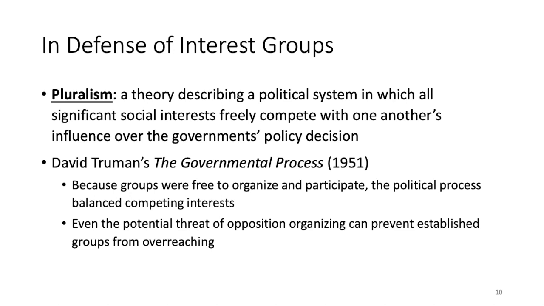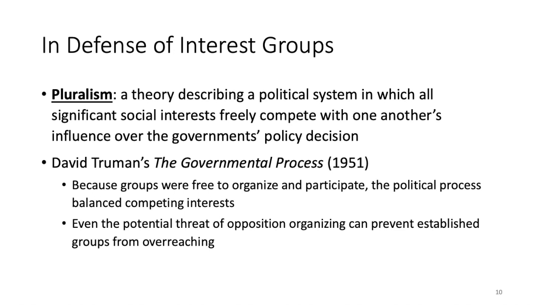In 1951, your authors talk about Truman's The Governmental Process, which outlines pluralism. Truman noted that because groups were free to organize and participate, the political process itself allowed for balanced competing interests. So yes, we had tons of groups vying for government's attention, but every group had an opportunity to do so.